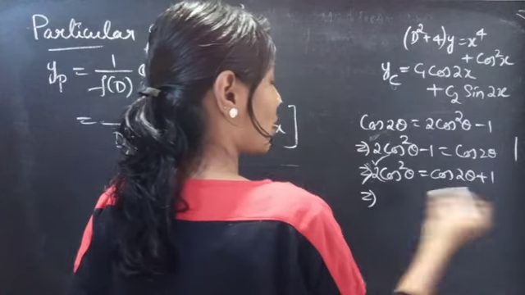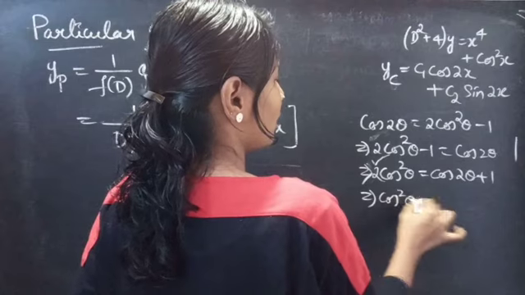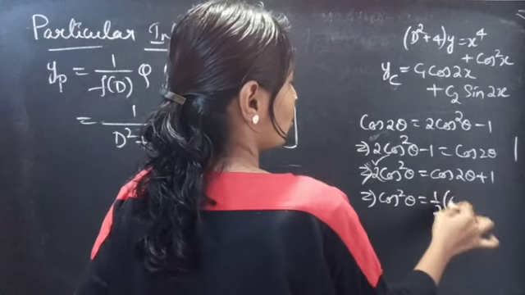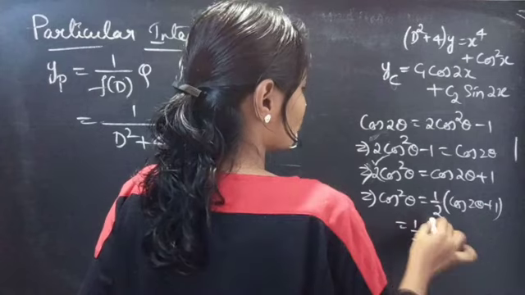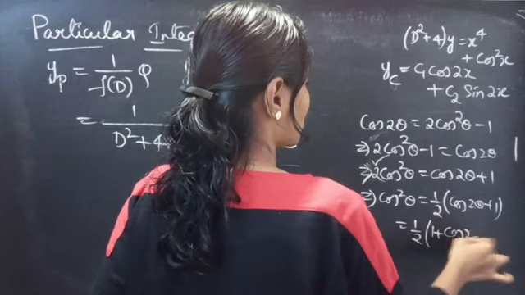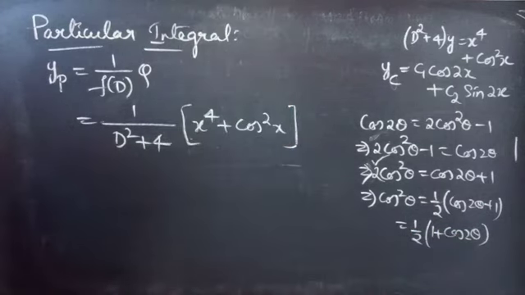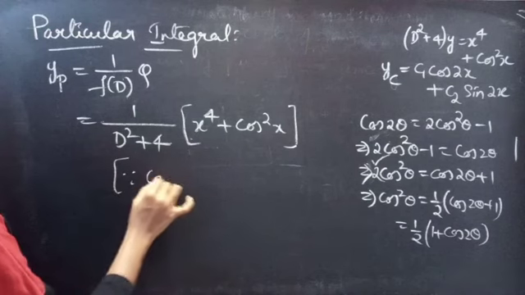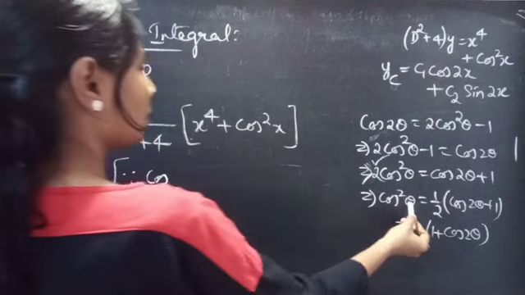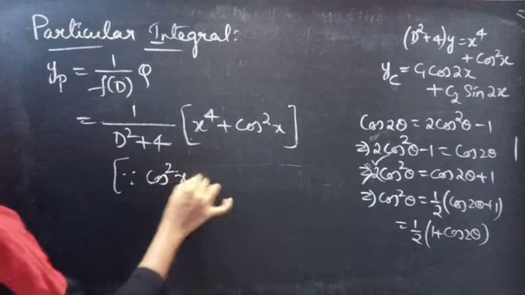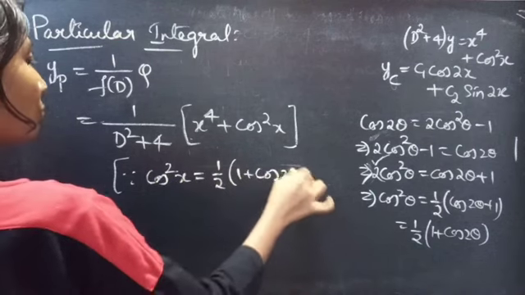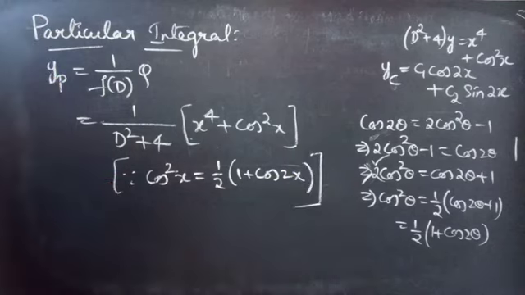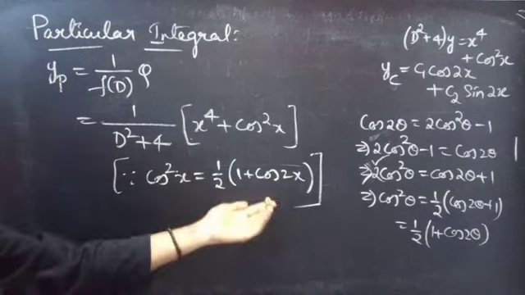Now take this 2 to the RHS, we'll get cos square theta equals 1 by 2 into cos 2 theta plus 1, or 1 by 2 into 1 plus cos 2 theta, right? Now we can just replace theta by x, then we'll get cos square x equals 1 by 2 into 1 plus cos 2x, right? Now replace cos square x by this identity.